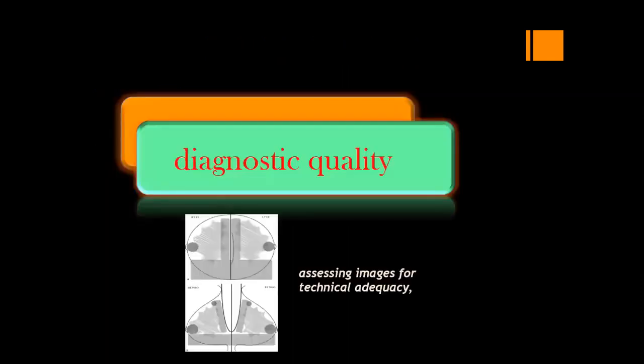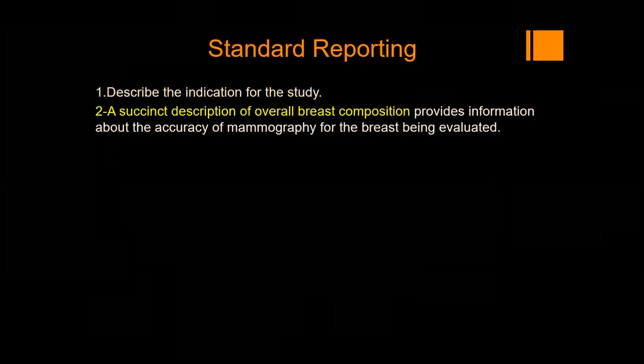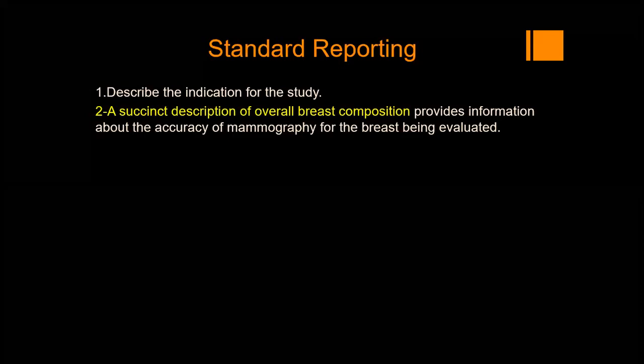And before you evaluate your image, you have to assess it for quality, and make sure the image has technical adequacy. Then you have to assess the breast composition, and this will reflect the accuracy of mammography, and the clinician will understand how sensitive this mammogram is.